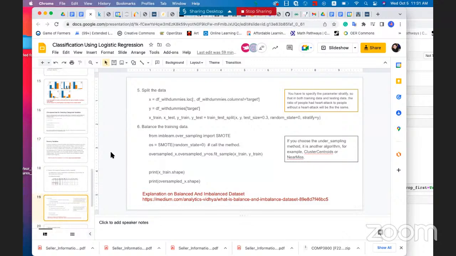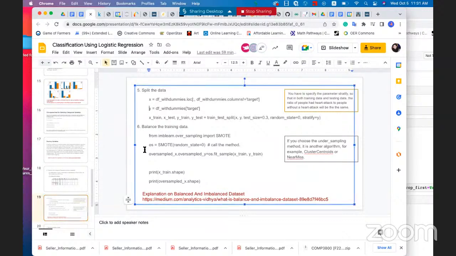We want this to be original, to be accurate, not fake data. When you balance the data, you are manipulating it. So it's recommended to split the data first and then balance only the training data set.